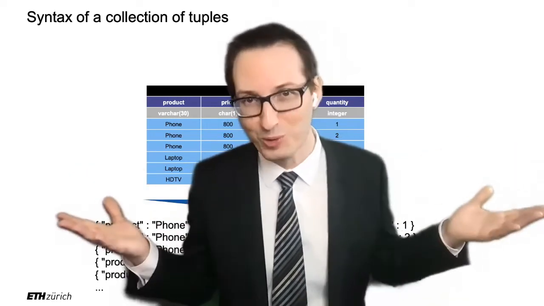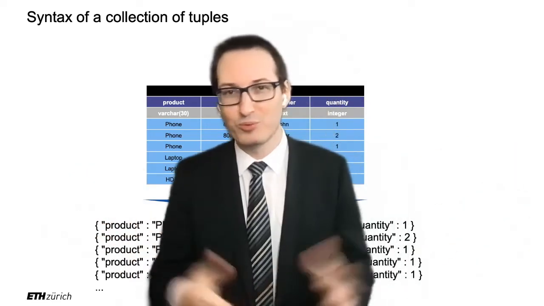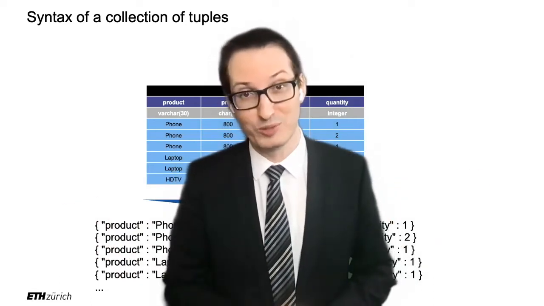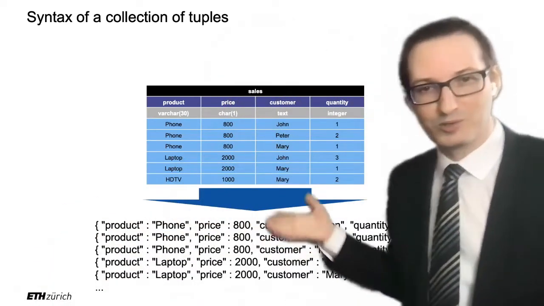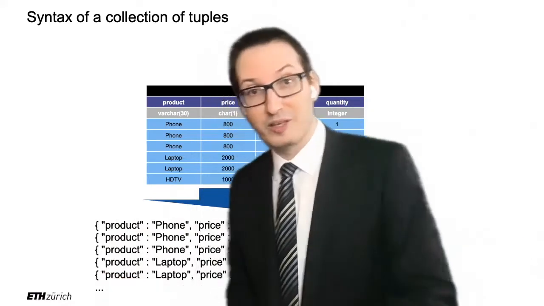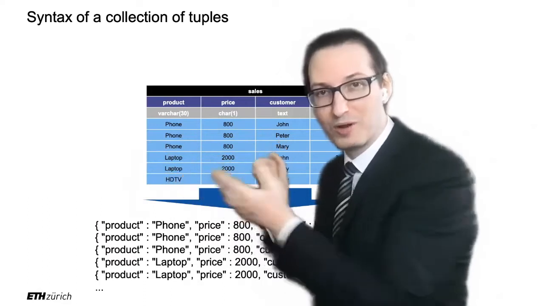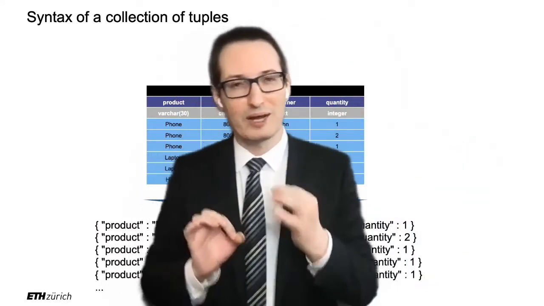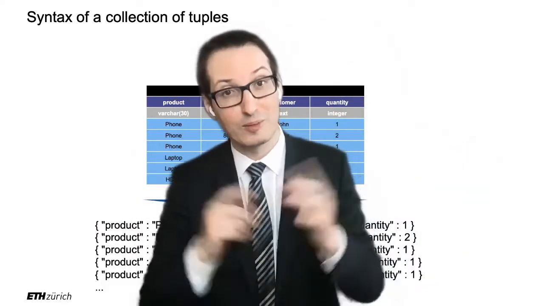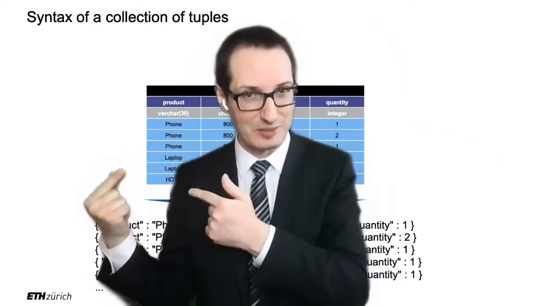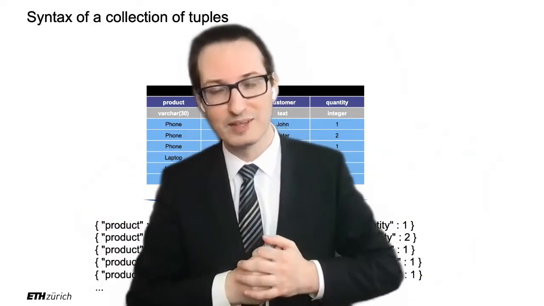There are plenty of ways to call that, and the way you call it really depends on the context in which you are speaking. If you are in JSON, you're just going to say objects. If you are talking about a relational database, maybe you will say records, maybe you will say tuple. People are going to say tuple if they are talking about the theory of relational databases because it's mathematical tuples. That's the reason.